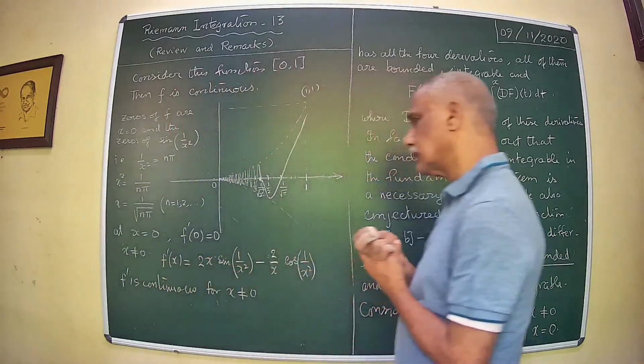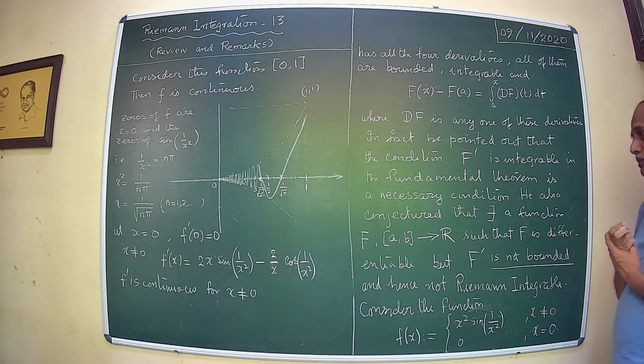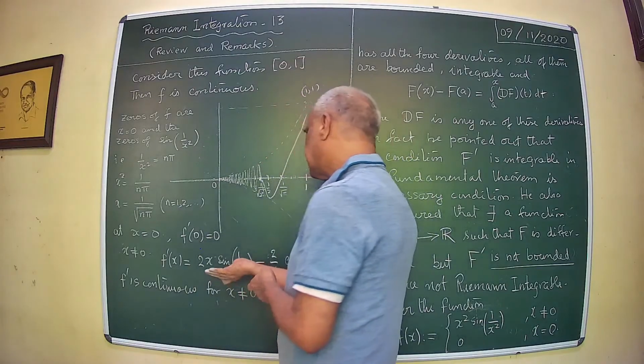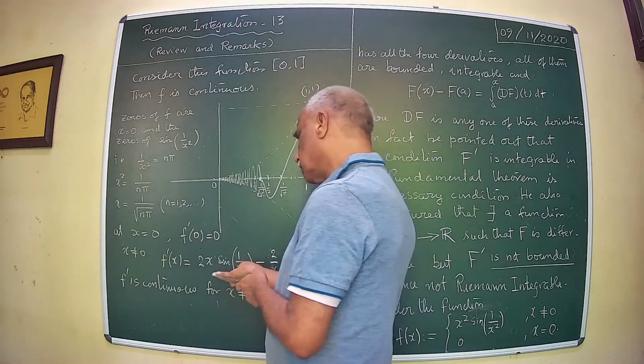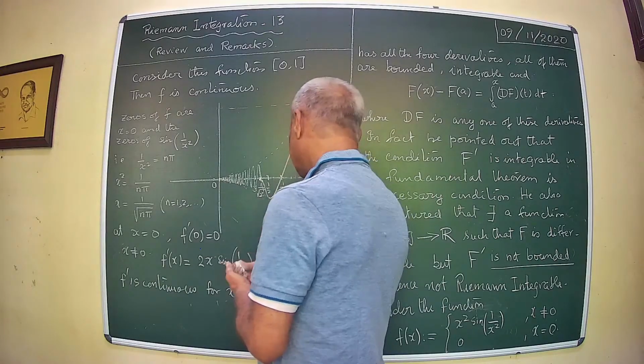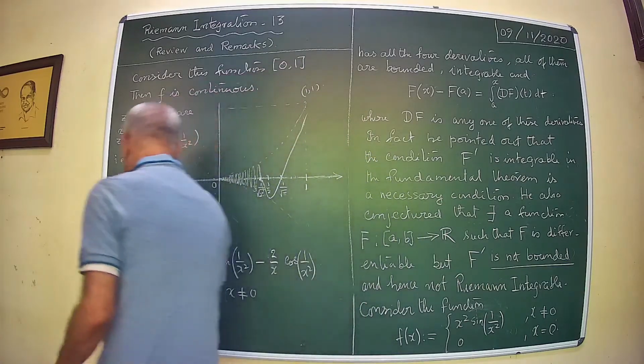What happens to f dash as x tends to 0? As x tends to 0, you see that this term goes to 0, but certainly this term goes to infinity. Okay, this becomes unbounded. So f dash is unbounded.